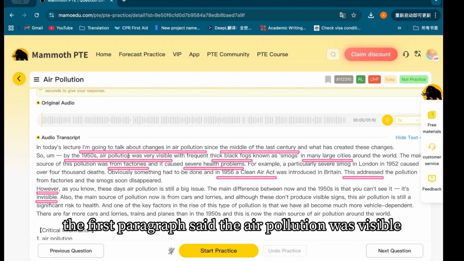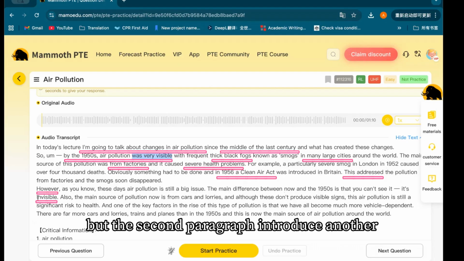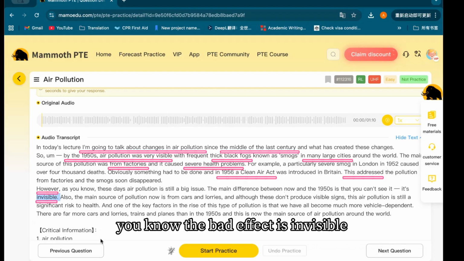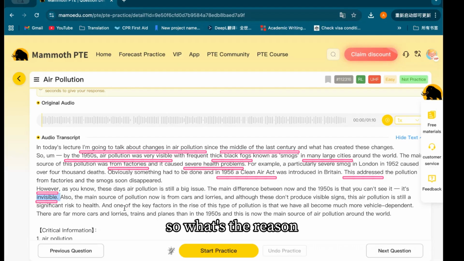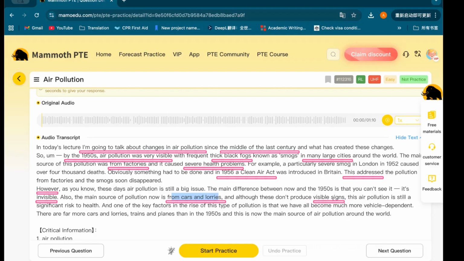The first paragraph said the air pollution was visible. But the second paragraph introduced another, the bad effect is invisible. So what's the reason? It's from cars and lorries. It's the main reason. So the cars and lorries can produce some visible signs.